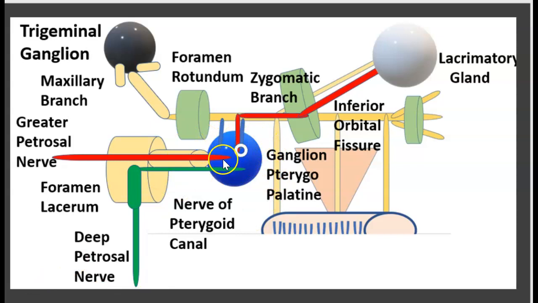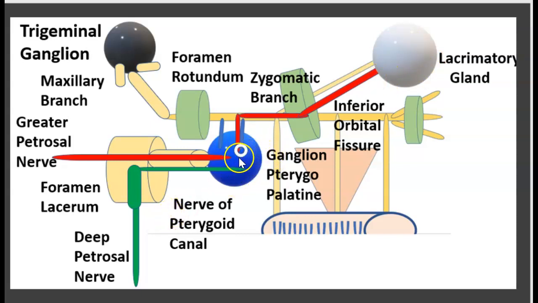The greater petrosal nerve synapses inside the pterygopalatine ganglion. Postganglionic parasympathetic fibers go through the maxillary branch to the zygomatic branch to reach the lacrimal gland.